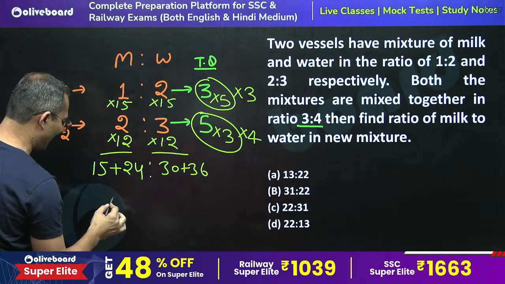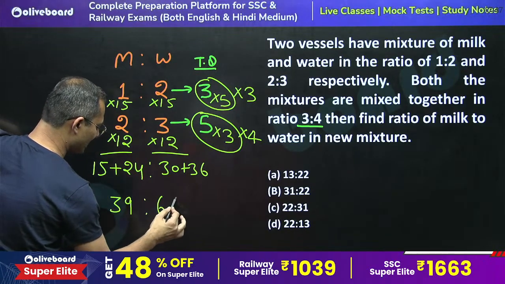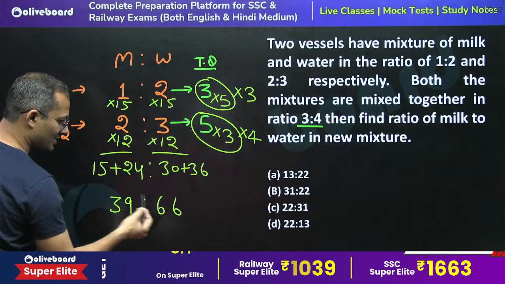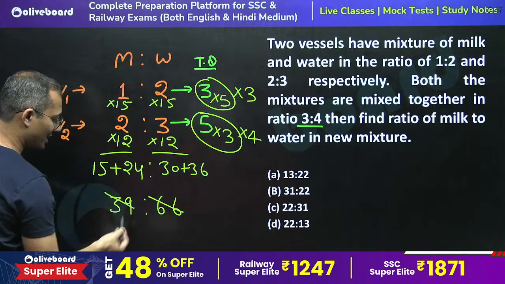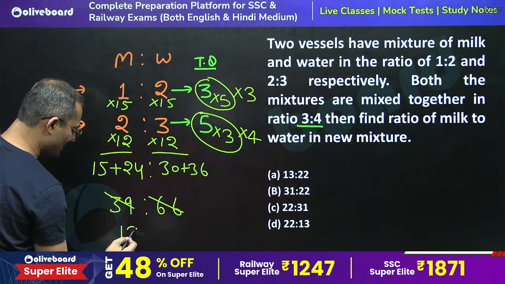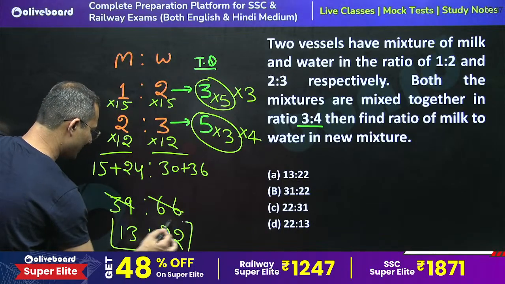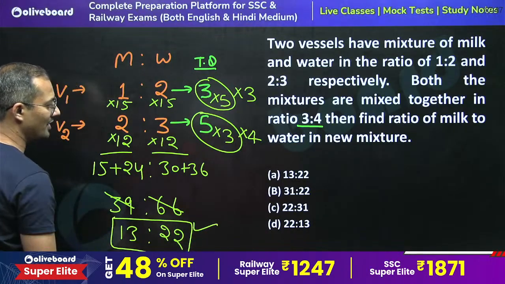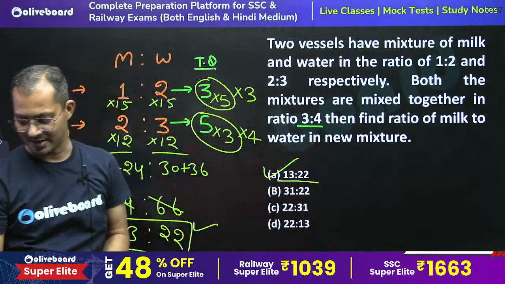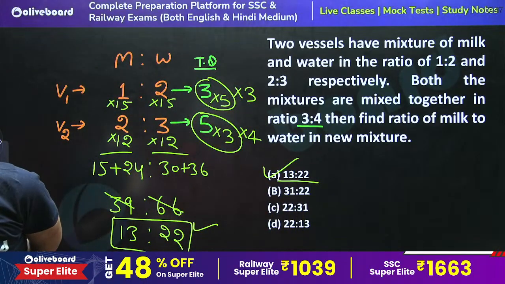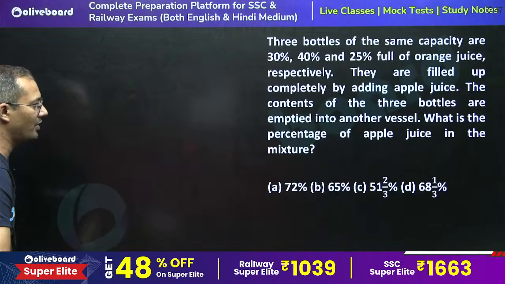So it is going to be 39 and 66. Both terms are divisible by 3, so cancelling gives 13:22. 13:22 is the right answer. A part is the right answer. So moving forward.